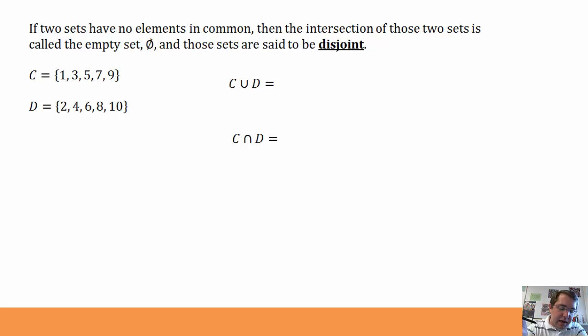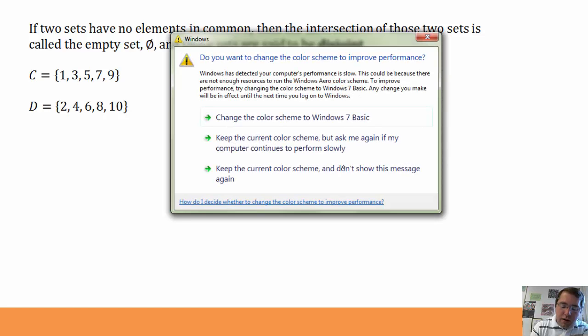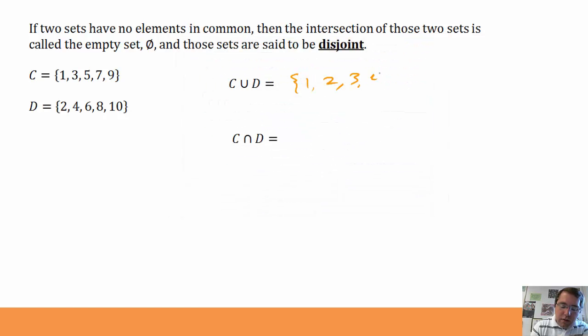So let's take the set C of 1, 3, 5, 7, and 9, the set D of 2, 4, 6, 8, and 10. C union D is 1, 2, 3, 4, 5, 6, 7, 8, 9, and 10. Union is all of the elements combined.